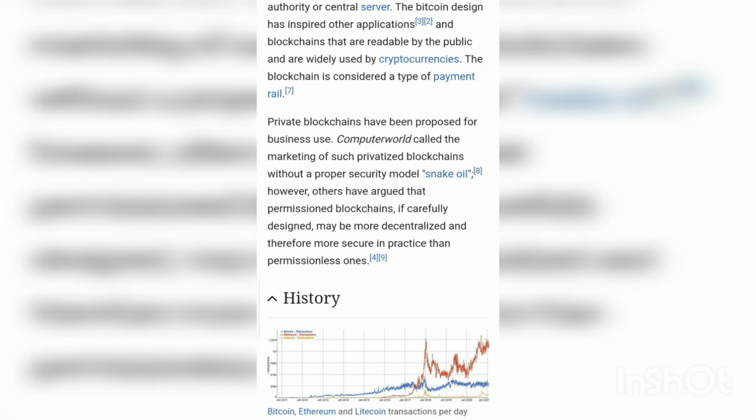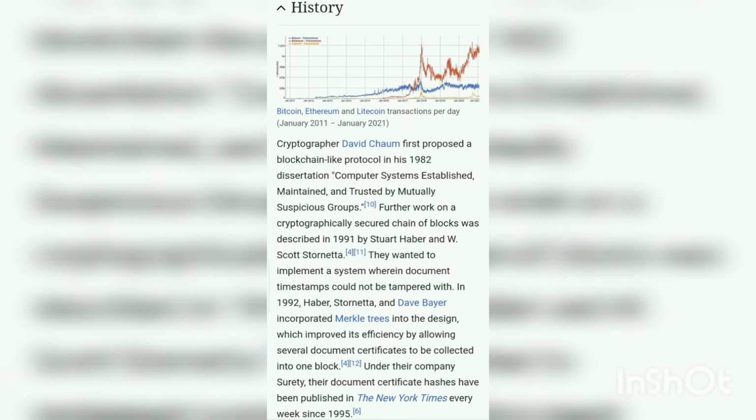Computerworld called the marketing of such privatized blockchains without a proper security model snake oil. However, others have argued that permissioned blockchains, if carefully designed, may be more decentralized and therefore more secure in practice than permissionless ones. So what is the history of blockchain technology?